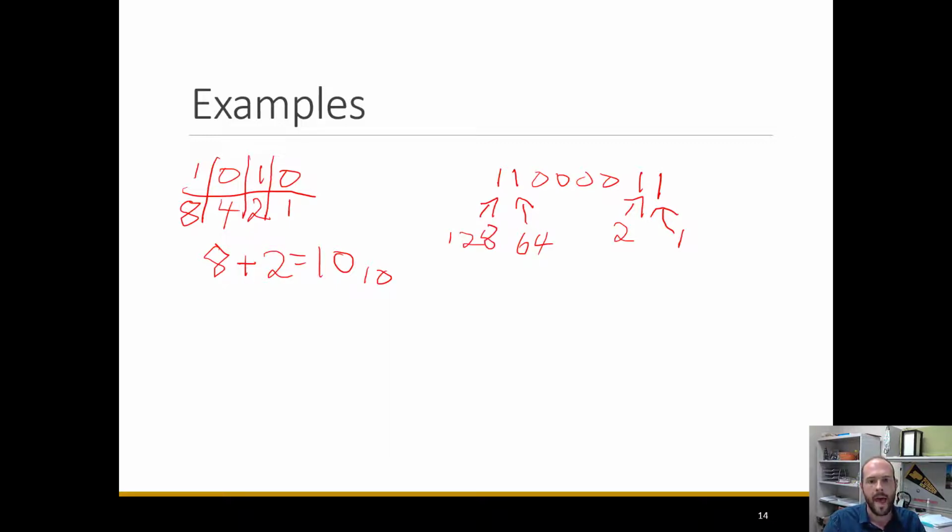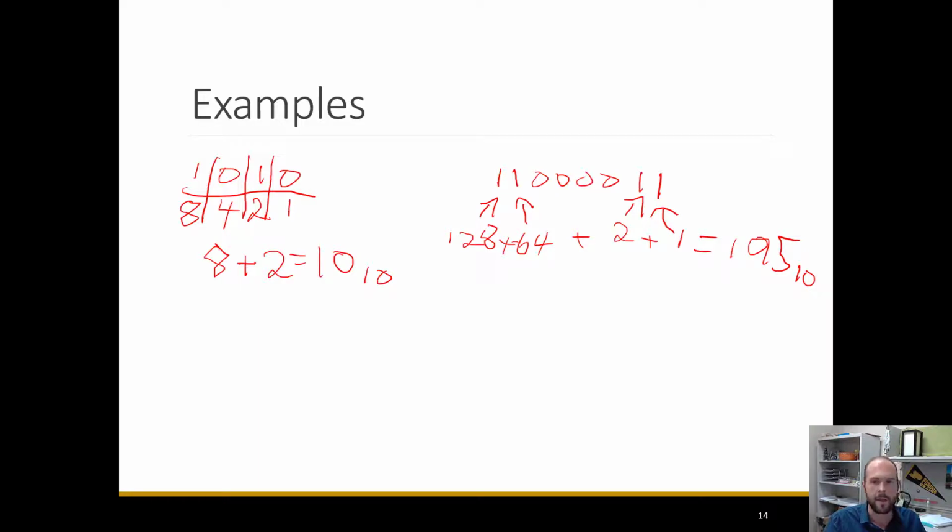So we just need to add up the weights that are represented here. So 128 plus 64 plus 2 plus 1, which is an equivalent of 195 decimal.